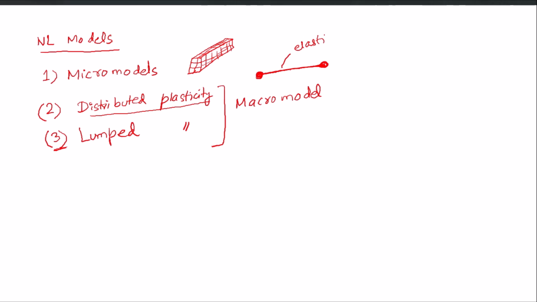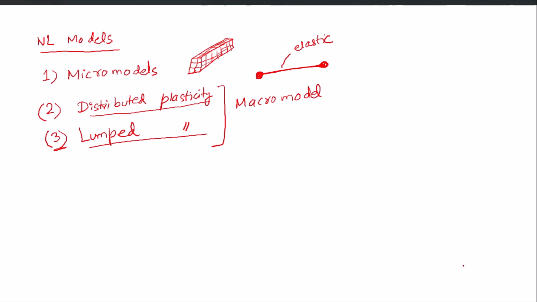Obviously, this third option, the lumped plasticity models, will be more practical, and they will take less analysis time, because the inelastic action is only modeled at certain points and not along the full length. But distributed plasticity models are relatively more accurate, because they can assign nonlinear behavior along the length actually. It can be full length or part of the length.